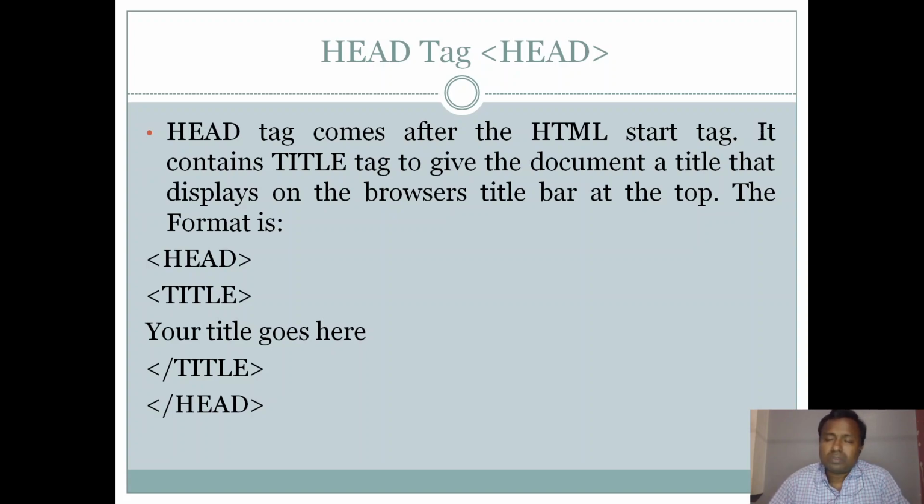Whatever title you have mentioned under this title tag will be displayed in the title bar at the top. The exact skeleton, or anatomy, of the head tag is: the head tag, then your title, whatever title you want to display in the title bar, and then you close the title, and then you close the head tag.